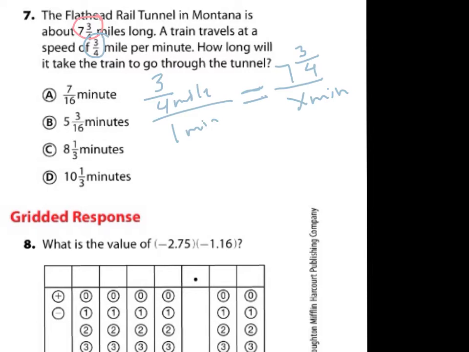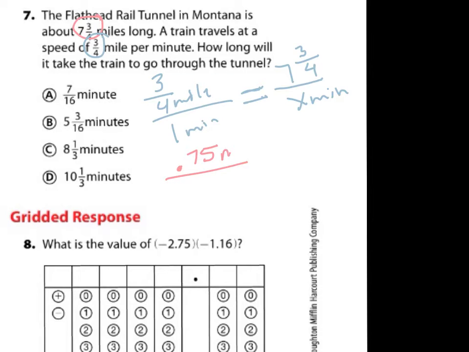We can change this 3/4. Let's make it easy. 3/4 is what as a decimal? Isn't 3/4 75 cents? So let's change that. That's going to be 0.75. And that's one of those fractions where you need to just know off the top of your head. 3/4 is just 75 cents.